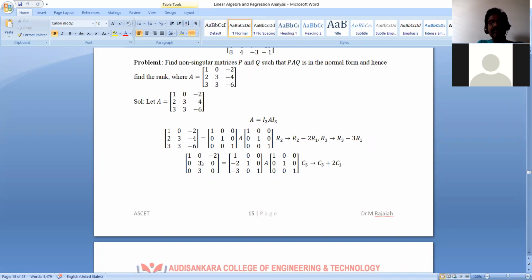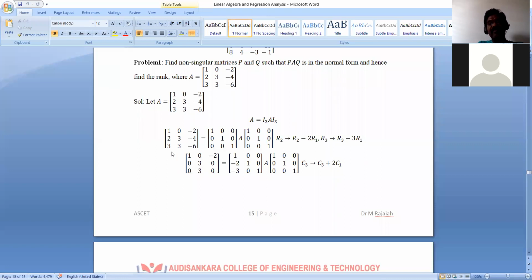That is 1, 0, minus 2, then 0, 0 into 3 plus 0, 0 into minus 2, that is 3 itself, minus 4, minus 2 into minus 2, that is plus 4. Plus 4 and minus 4 becomes 0.